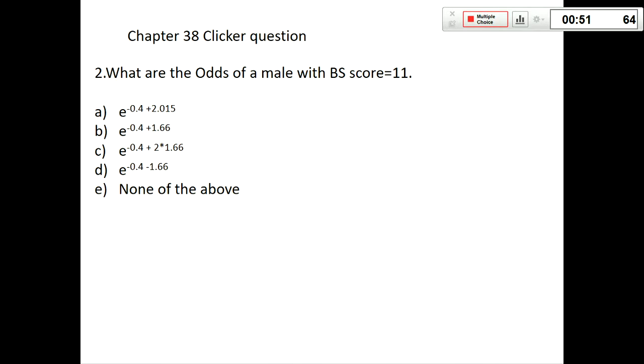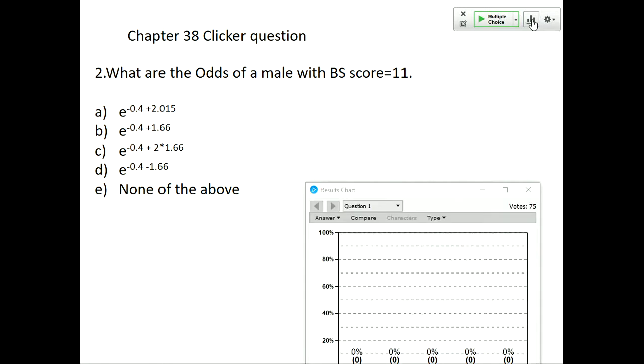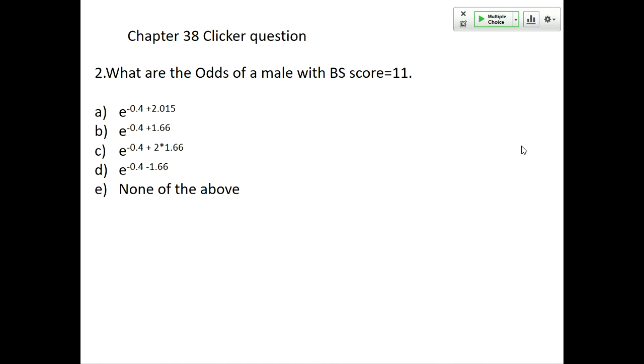Okay. Has everybody had a chance to do this? Should I stop it? Okay. All right. And let's see what you chose. Okay, that's good. That's the answer.